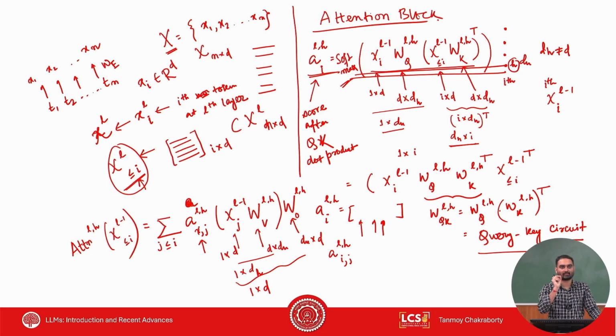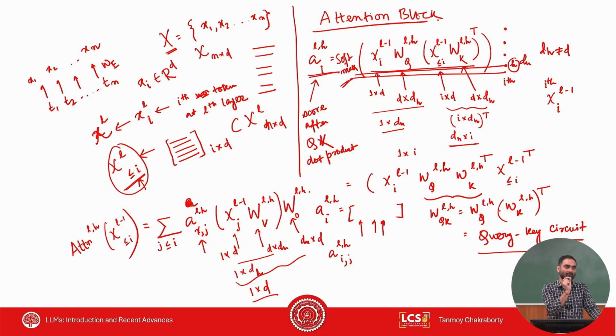So for a single attention head H, I will get a vector of size D. There are H number of such attention heads, and each of them will produce a vector of size D. How do we combine them? If we concatenate them, then the size will be D times H. We could have concatenated if we had not used this output matrix.